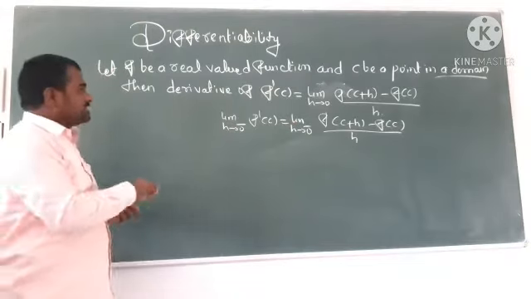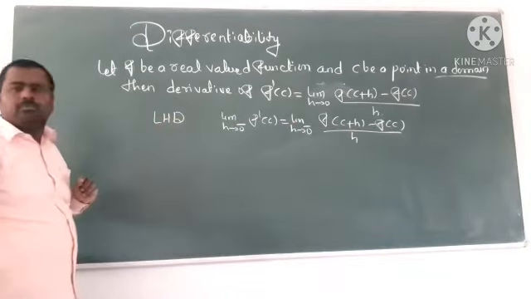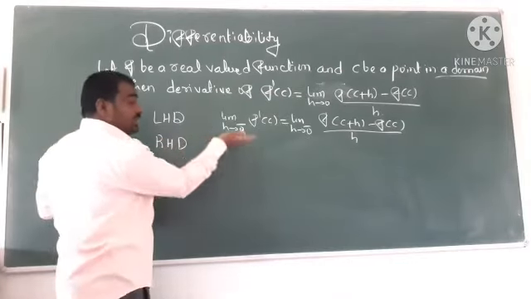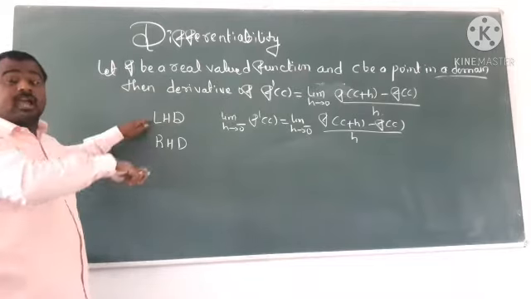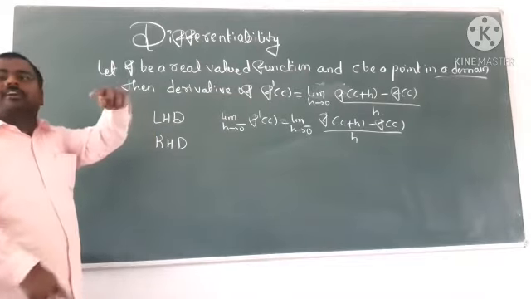So another one is there. This is called left hand derivative. This one is RHD, right hand derivative. In the last class, when we discussed continuity, LHL and RHL both coincide, it is called continuity.